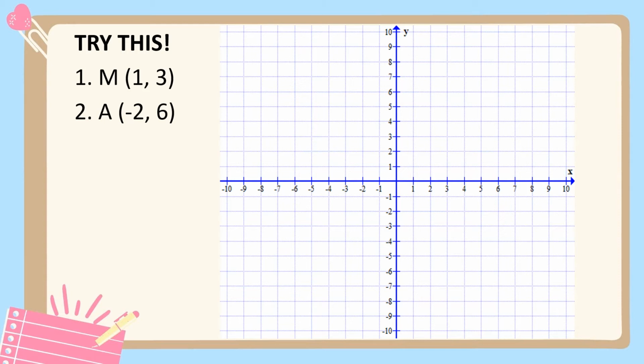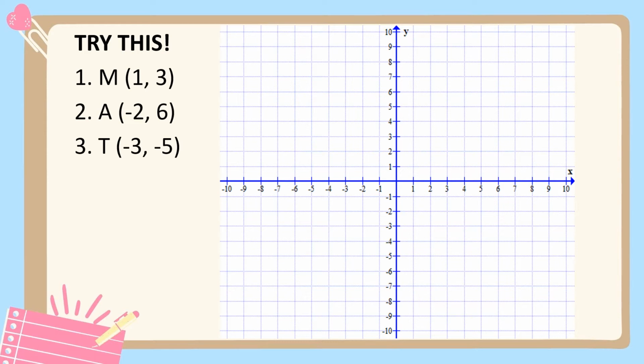It is located on the second quadrant. So here is point A. For our third example, we have point P with coordinates (-3, -5). It is located on the third quadrant. So here is the location of our point P.